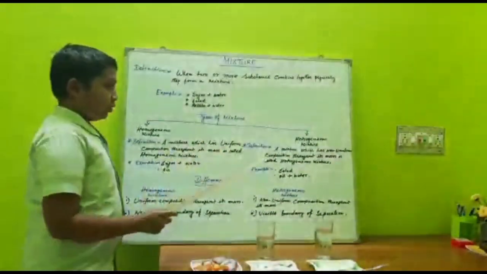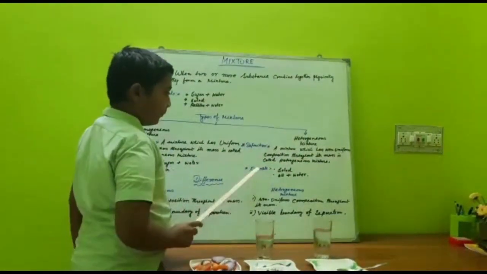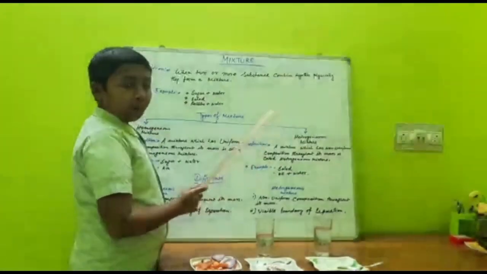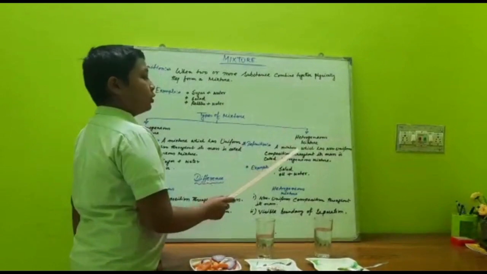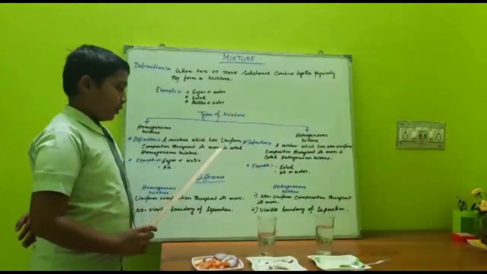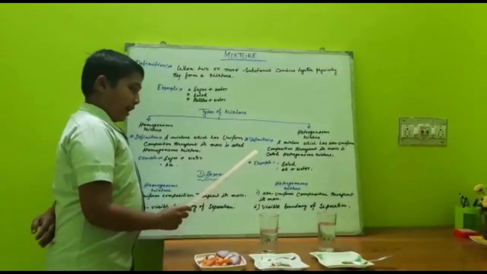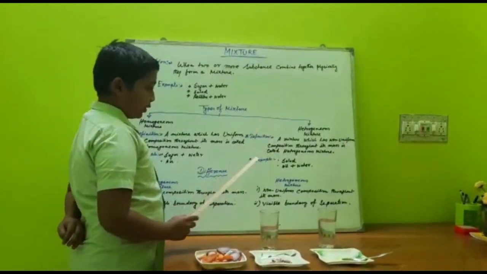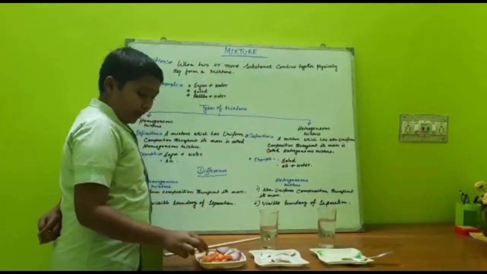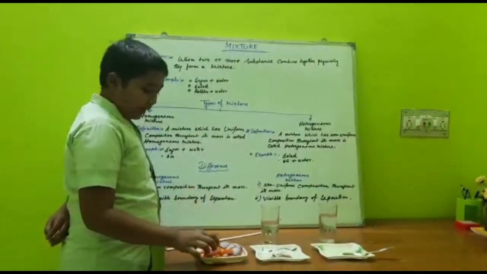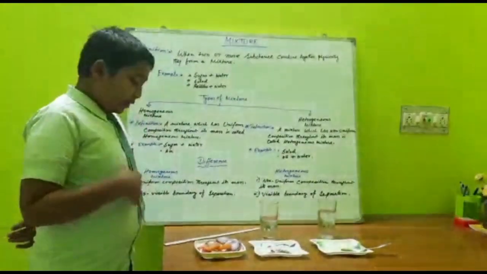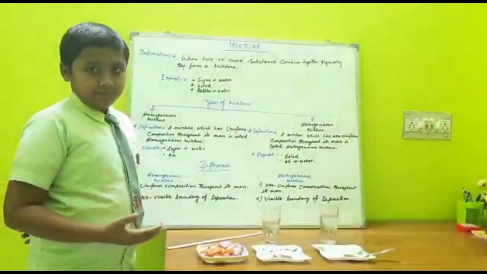Now we will go to heterogeneous mixture. The definition is a mixture which has non-uniform composition throughout its mass is called heterogeneous mixture. Now, the examples of heterogeneous mixtures are salad, because when we eat the salads, our tongue senses which vegetable is it.